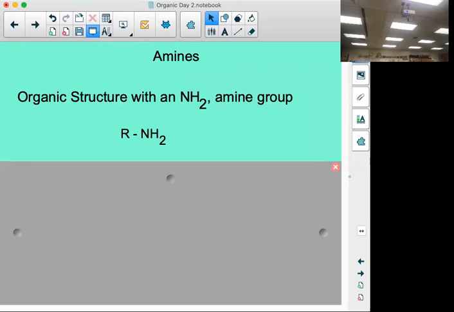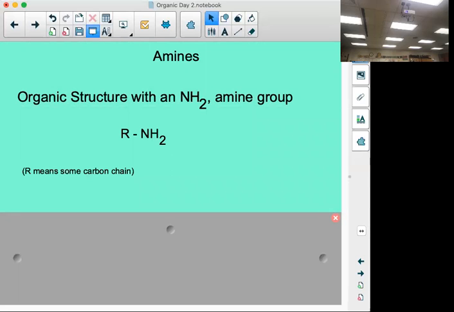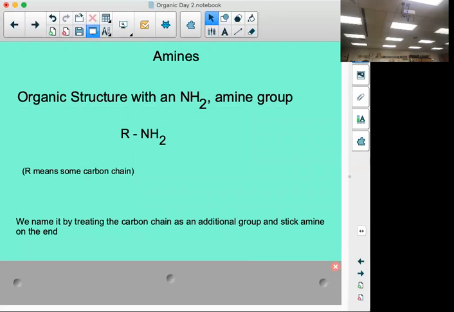So carbon chain, then NH2. We name it by treating the carbon chain as an additional group and sticking amine on the end.